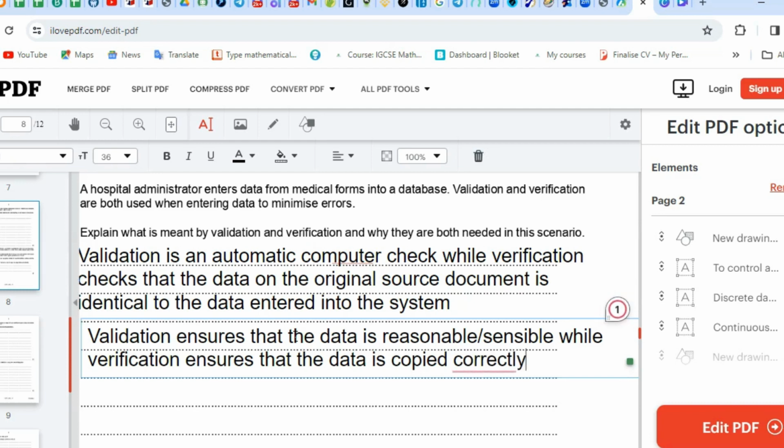It ensures that the data is copied correctly. All right.